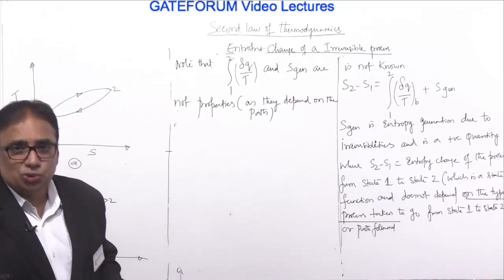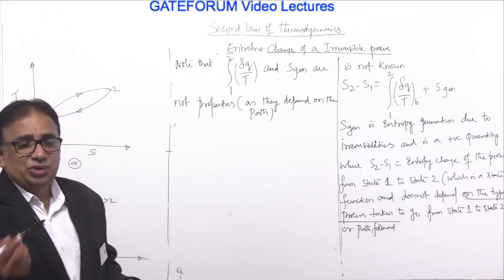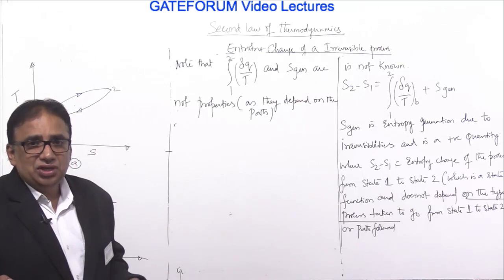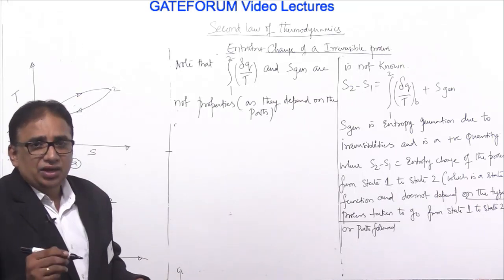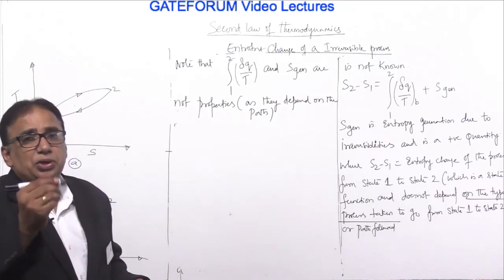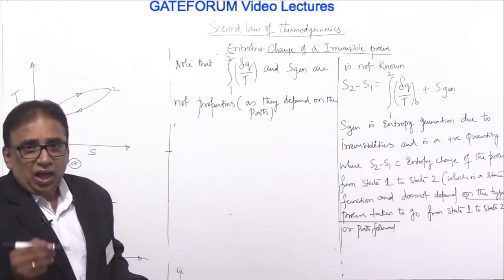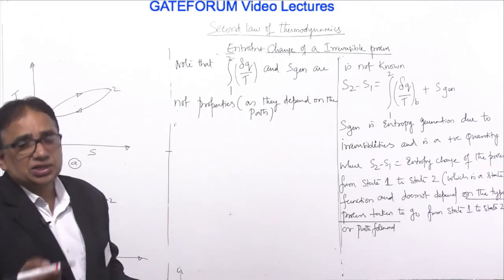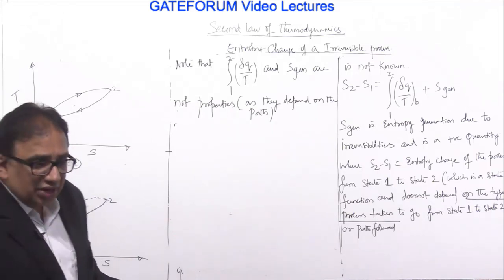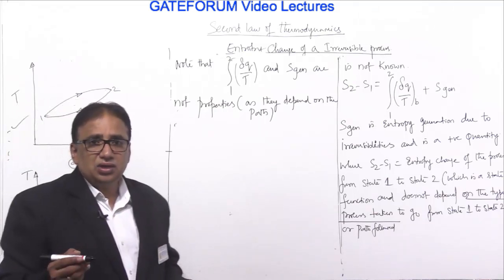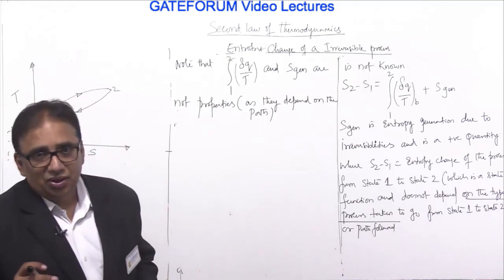Integral 1 to 2 means what? Integration means we are adding the derivatives. Derivatives are small steps.